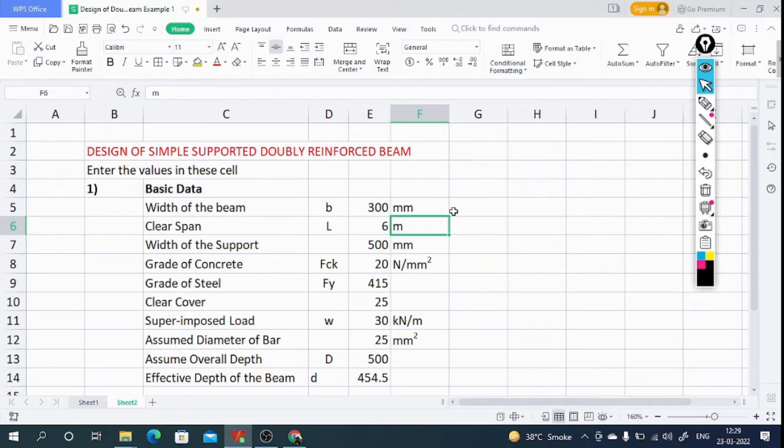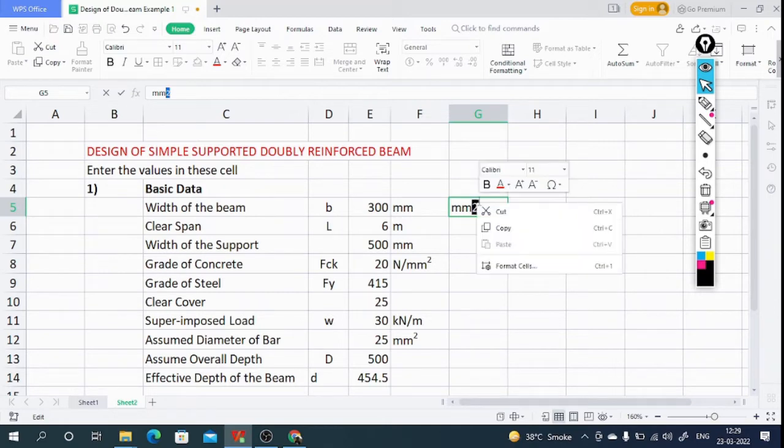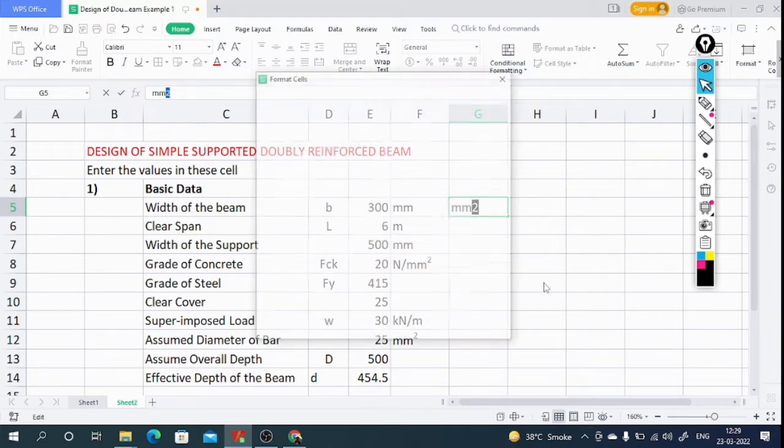To write mm in Excel is easy, you can easily write mm, but to write something which is superscript or subscript, you have to take care. For example, if I want to write mm square, I'll select this term, right click and go to format cells, and a window will appear on the screen.